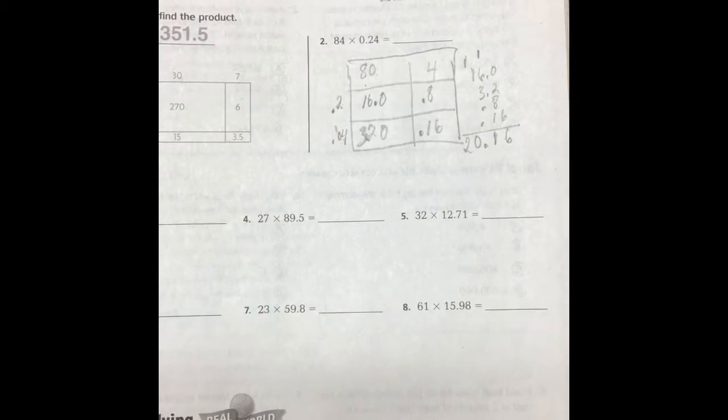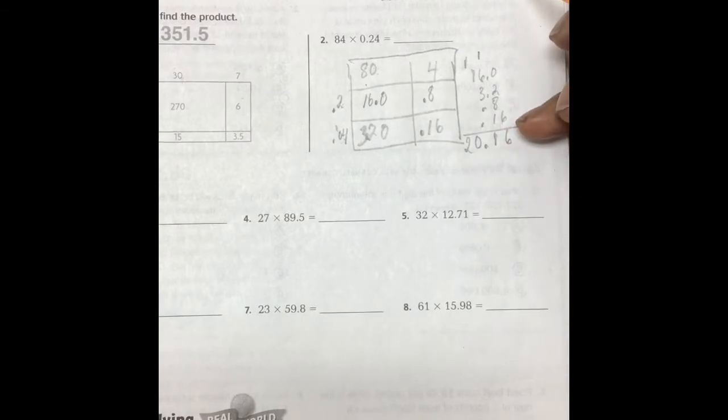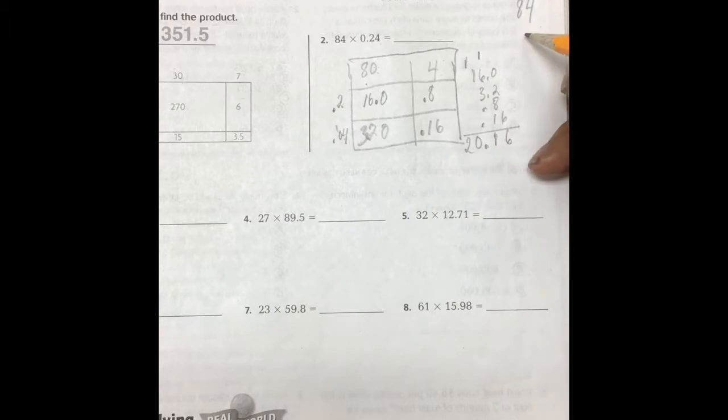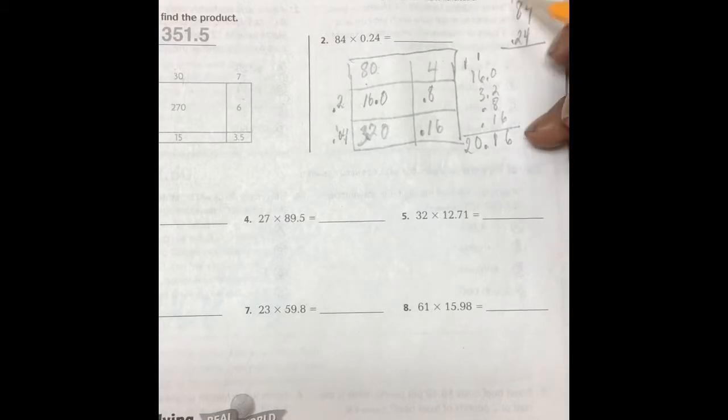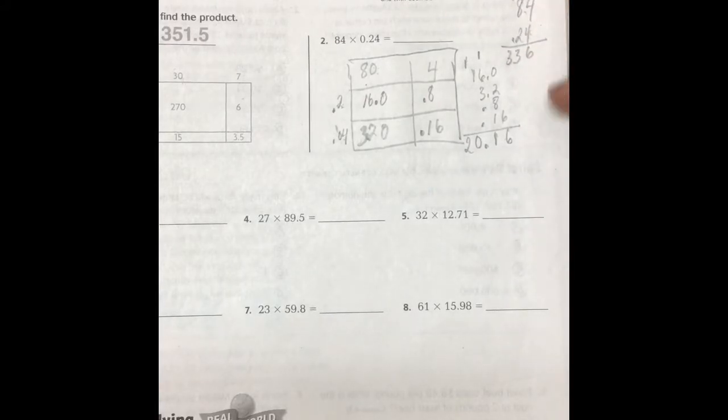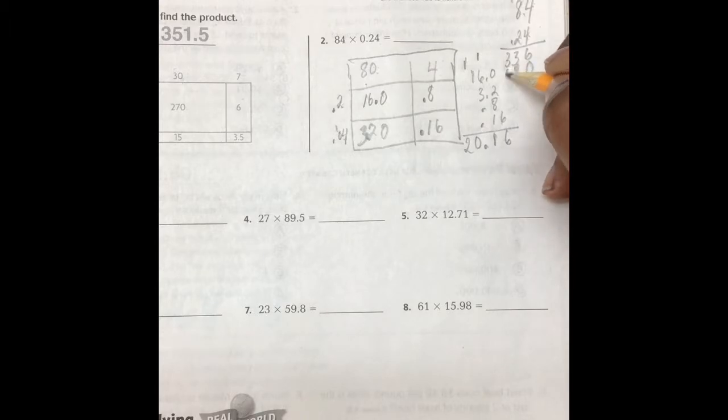Well, in class, we're learning to simply take our two numbers, 84 times 2.4, and multiply. First, our hundredths, 4 times 4 is 16. 4 times 8 is 32, plus 1 is 33. Then our tens, moving over one place, 2 times 4 is 8, and 2 times 8 is 16.